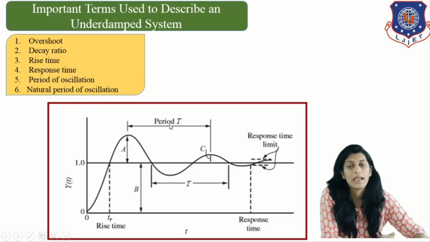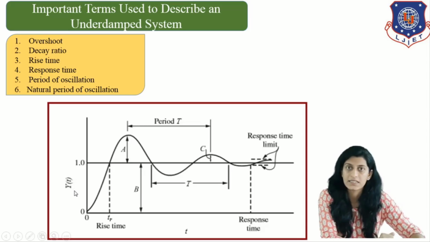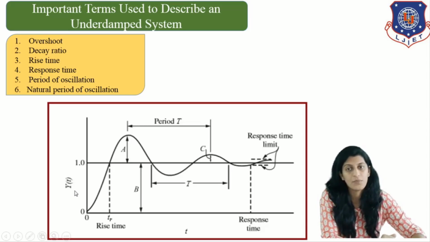Now, in this figure, the graph is a representation of the output of a system with respect to time. Y of t is the output given by a second order system which has a step input as forcing function.